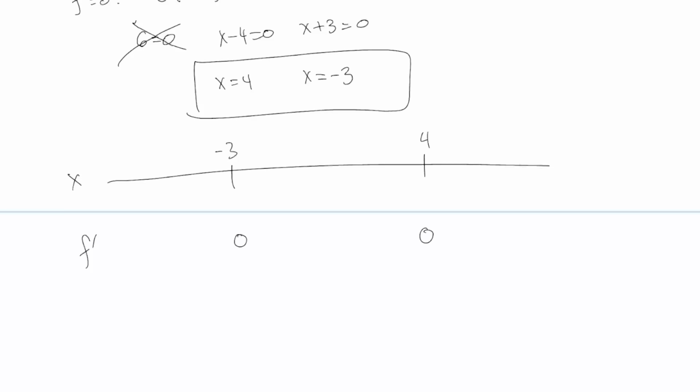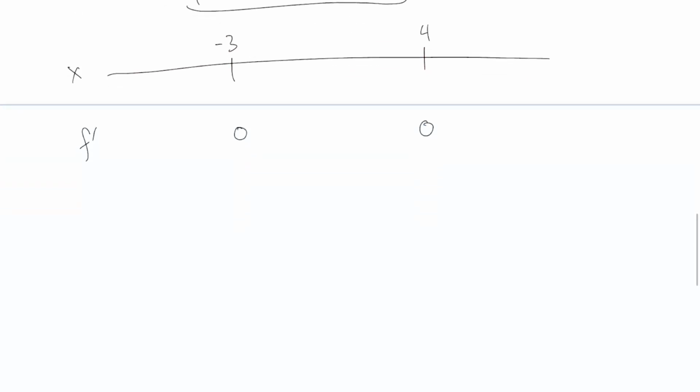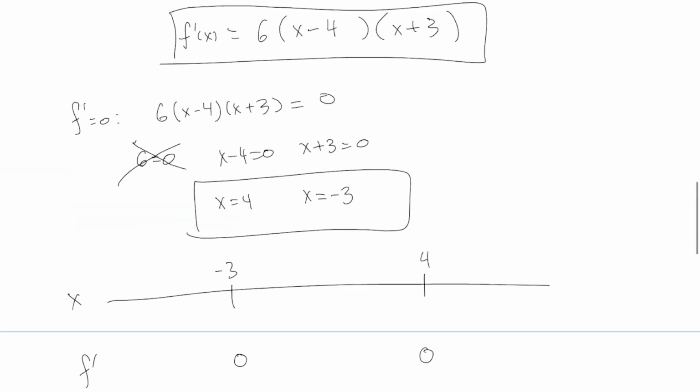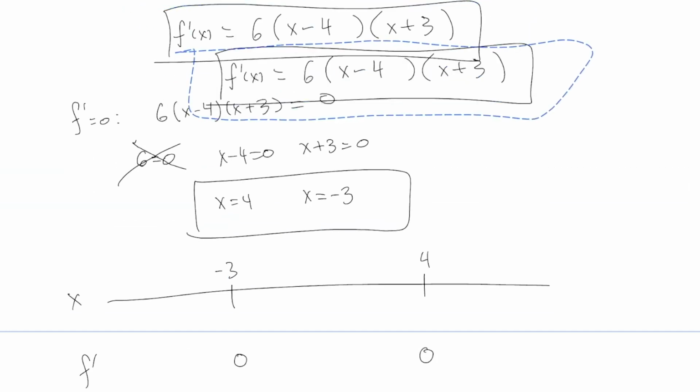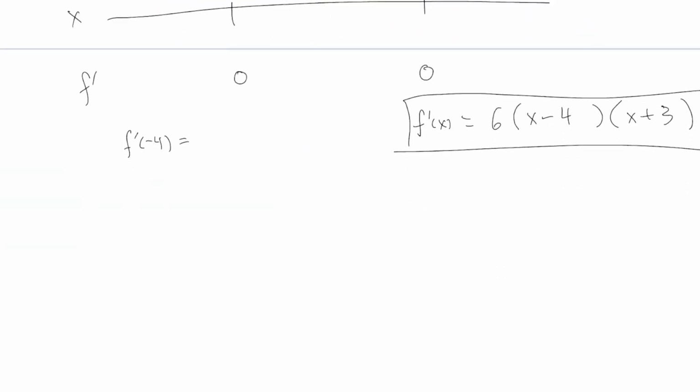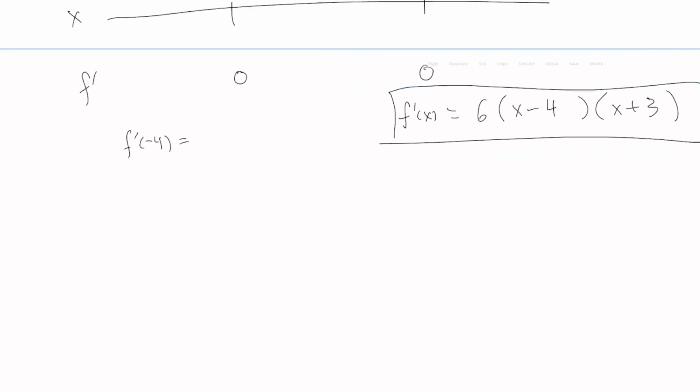And this is the part where you plug in numbers in each of those regions, right? These points divide the line into 3 regions. And I choose something less than negative 3, I'll choose negative 4. And I'm plugging into, copy that box you see at the top right there. This is what I'm plugging into. Just put that, maybe right over there.